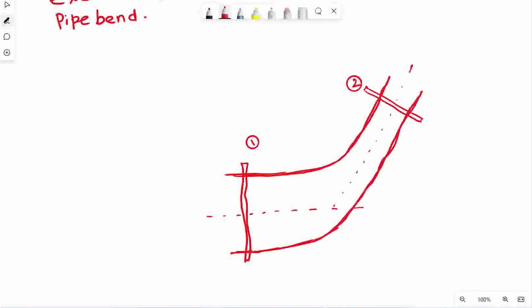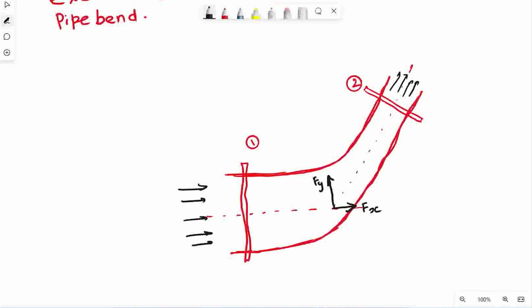So in such a problem, what is the problem actually? The fluid which is flowing in the pipeline applies force on the bend actually. This is Fx and this is Fy.